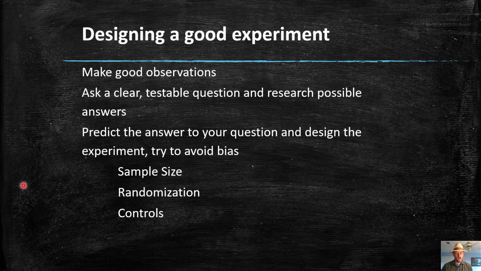And then we would say, okay, they're all going to eat the same amount of calories a day, let's say. That would be a control. And one group is going to jog and one group is not going to jog. And then we could look to see if one group lost more weight than the other. That would be an example of a controlled experiment.